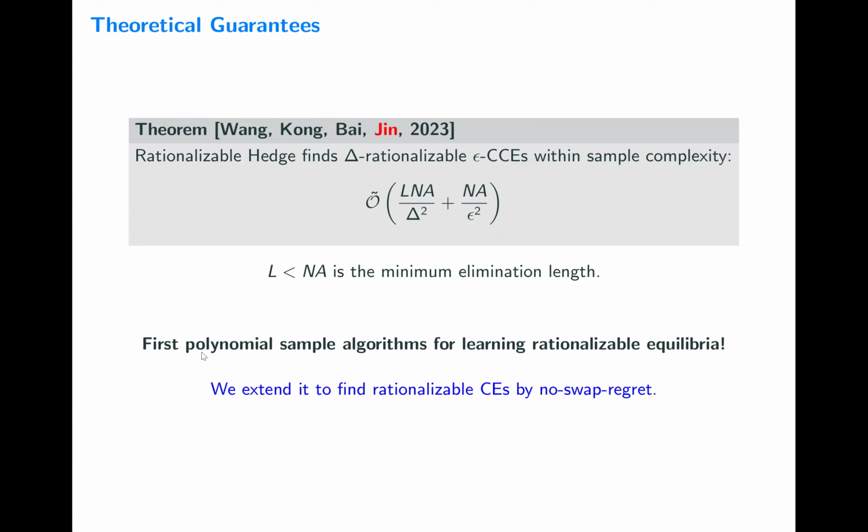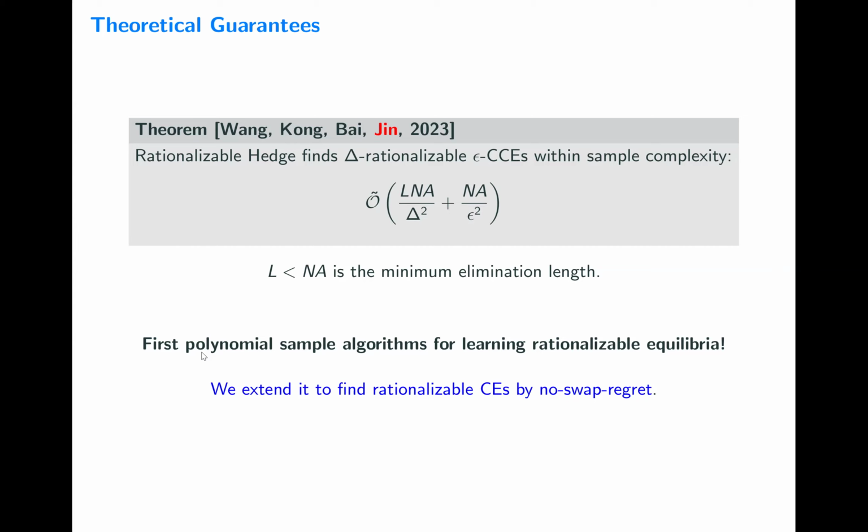So this is the guarantee we can find. We can say the rationalizable Hedge algorithm is able to find a delta-rationalizable and epsilon-approximate coarse correlated equilibrium in the following number of samples: L n a over delta squared, where n is the number of players, a is the number of actions, and delta is the accuracy on rationalizability. The only new parameter we introduced here is L, the minimum elimination length.